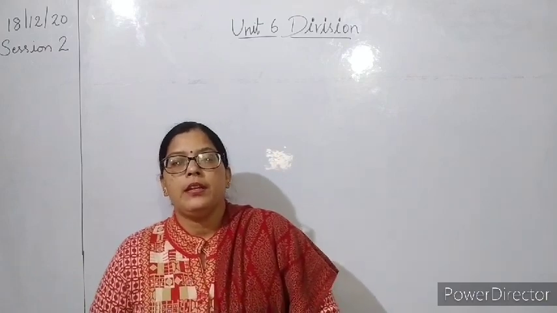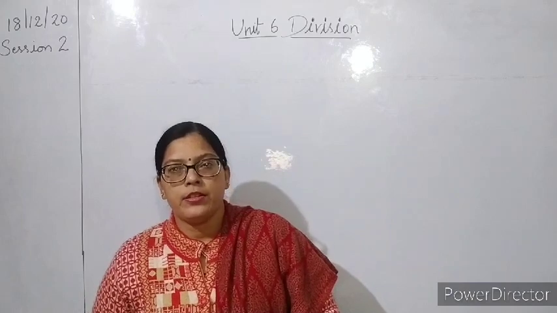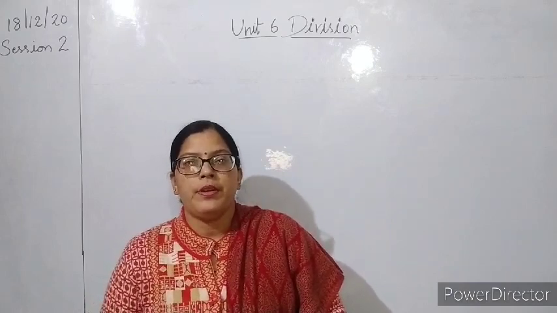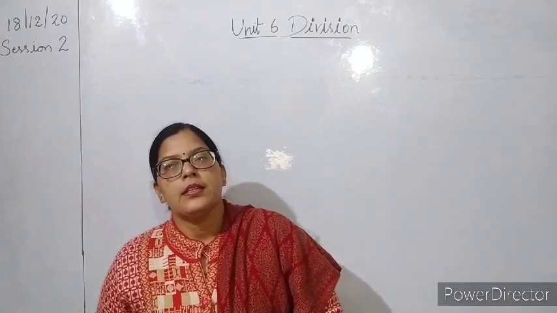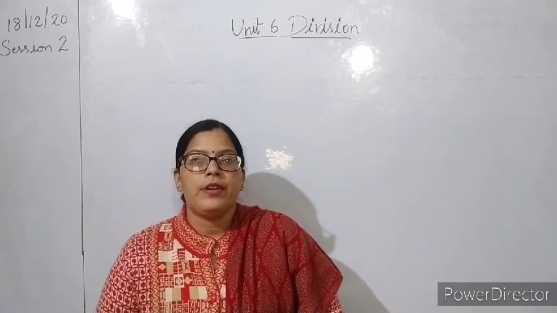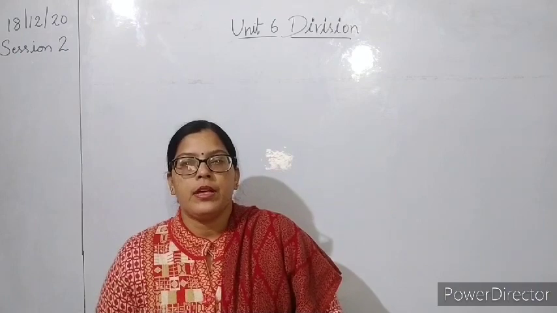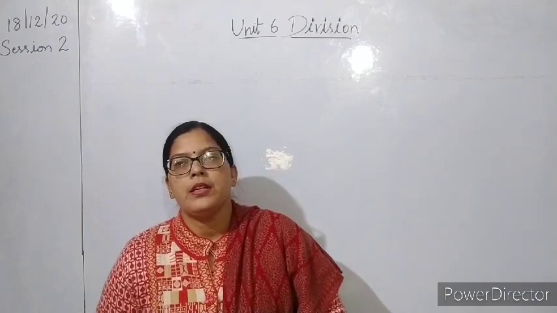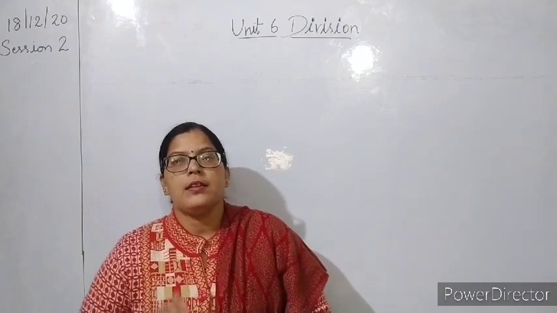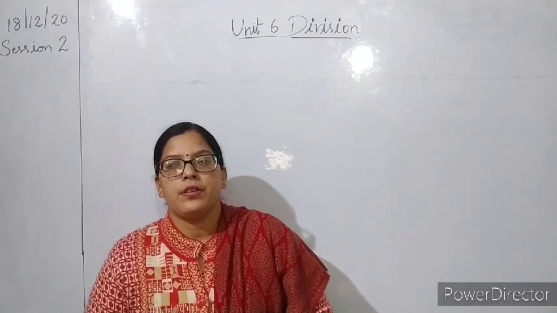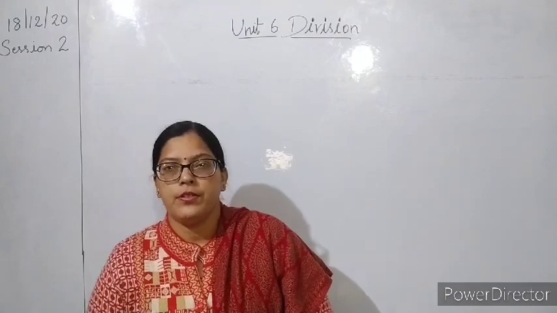We again and again subtract the divisor from the dividend till we get 0, and the number of times we subtract the divisor is the answer of division, the quotient.